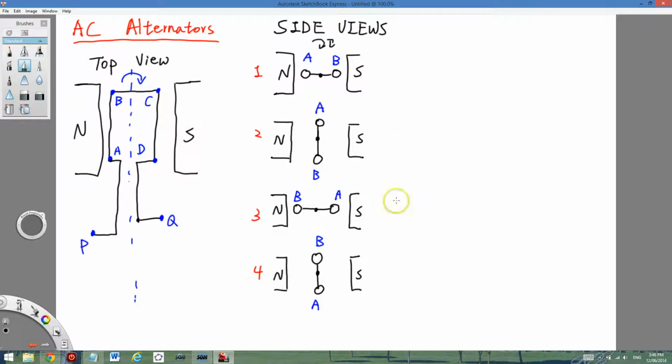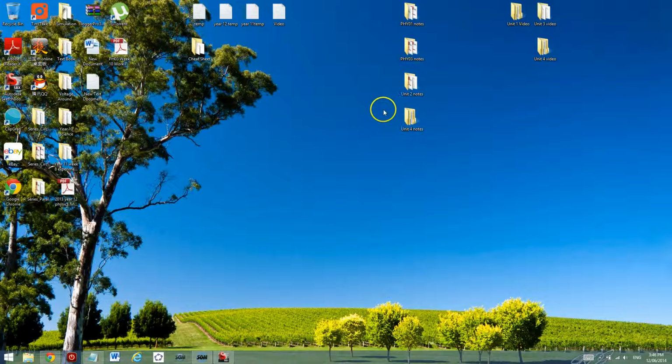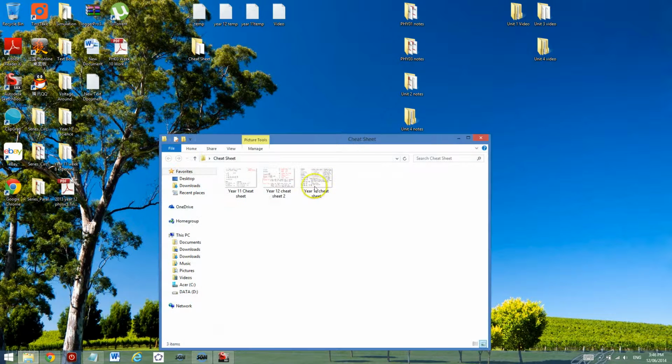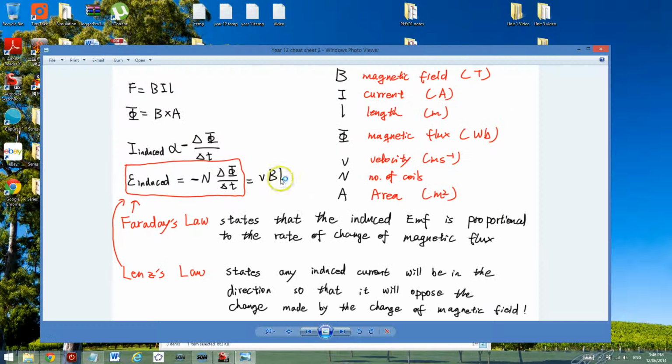Open your cheat sheet and have a look at Faraday's and Lenz's law, the induced current law. I will write it down.